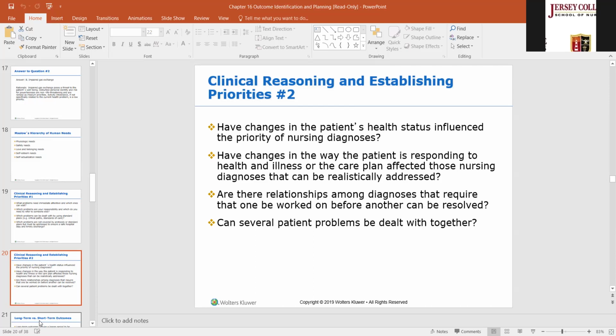And is there any list of patient problems that could be worked on together? So maybe the patient has 4 or 5 problems, but maybe I can address all those problems in one care plan. Now, I don't want my care plan to be overwhelming. So you're not just going to smudge stuff in there. It has to be correlated. It has to fit. We don't make it fit.